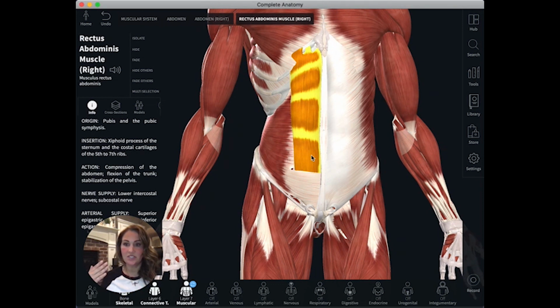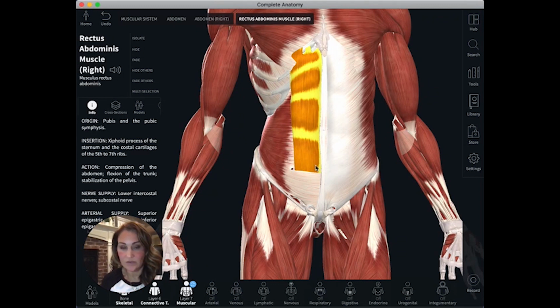And the rectus sheath is basically an aponeurosis, or a flat tendinous sheet that comes off of a muscle, like we have one on the head, the epicranial aponeurosis, that's a part of the occipitofrontalis muscle. We have these aponeuroses that come off of the abdominal muscles, and they are going to engulf the rectus abdominis.